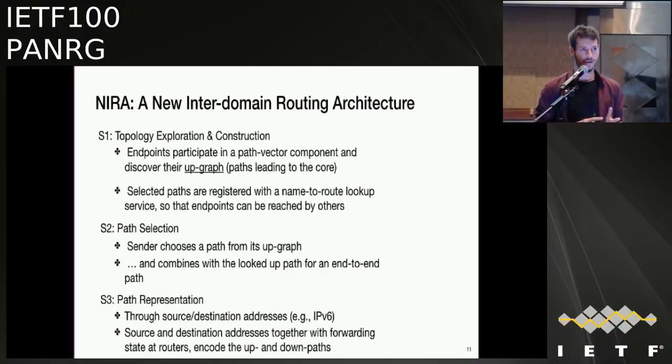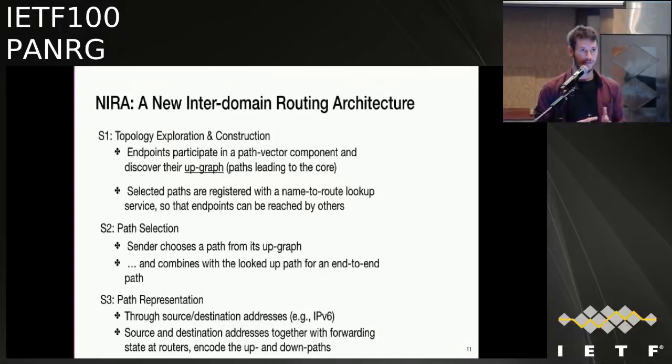Now, talking about some other related research proposals, in ERA, topology exploration and construction is similar to SCION in that endpoints will discover their up graph, which is a set of paths that lead from themselves to the core. A difference is that in ERA, the endpoints are part of this path vector component that is used to discover the up graph.